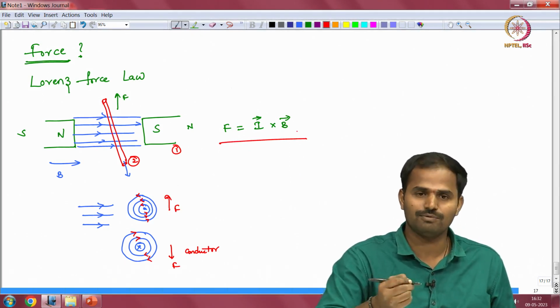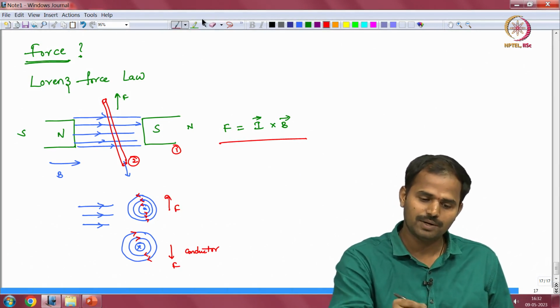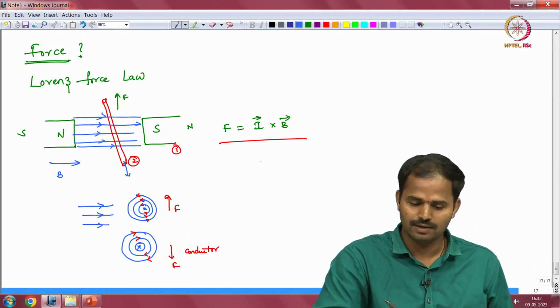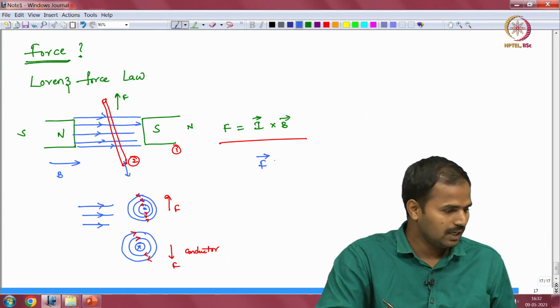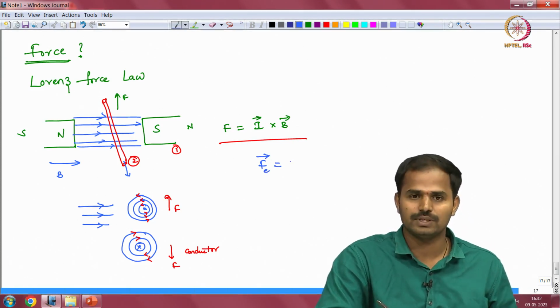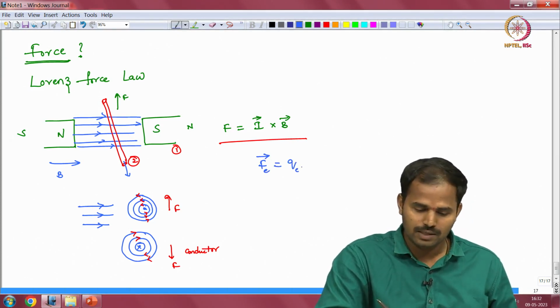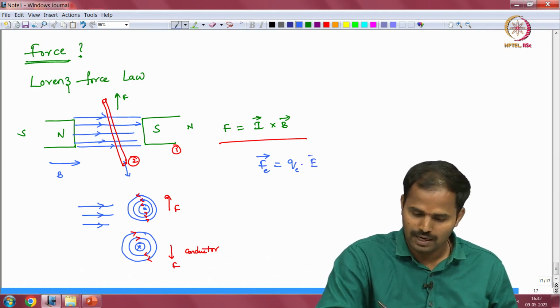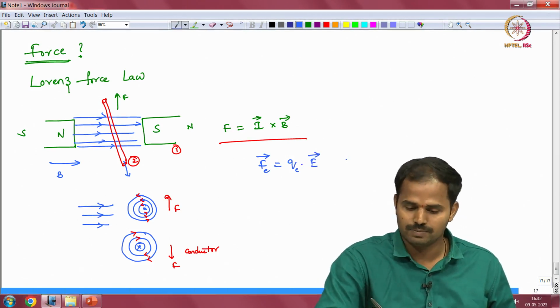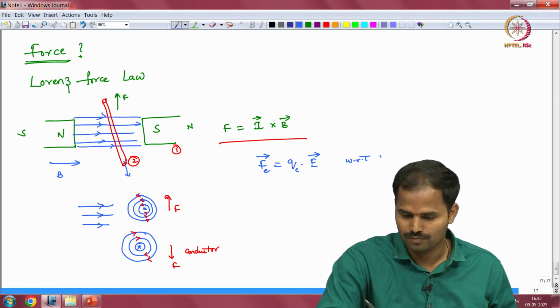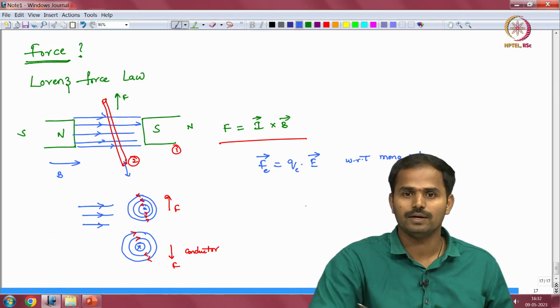So, this is the basic force equation. With respect to the electrical field analysis, electrical force is equal to charge into electric field, right, with respect to the monopoles. Okay.